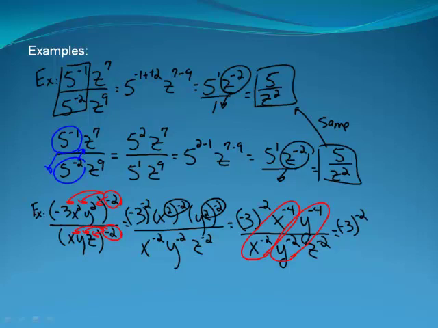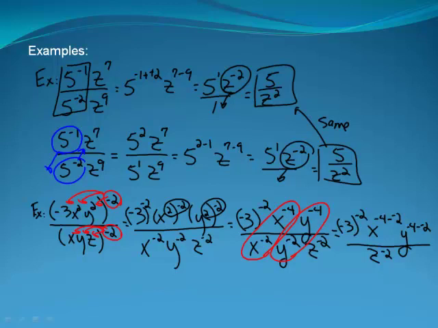So if you're using subtraction to combine that x to the -4 and x to the -2 into a single term, remember it's up in the numerator when you do that. So you've got -4 minus a -2 for your x's. Your y's, you're going to have -4 minus a -2. And then down in your denominator, you still have that z to the -2, which you haven't been able to combine with anything else yet.